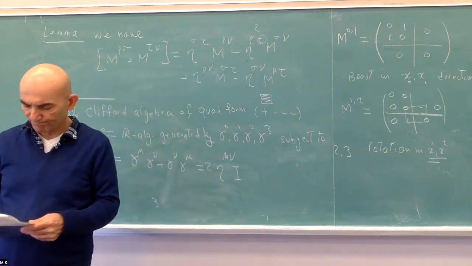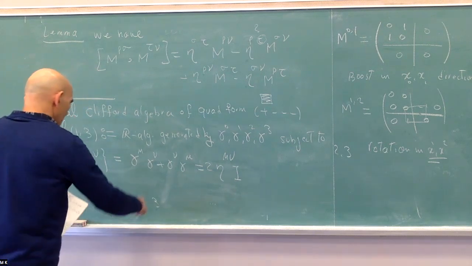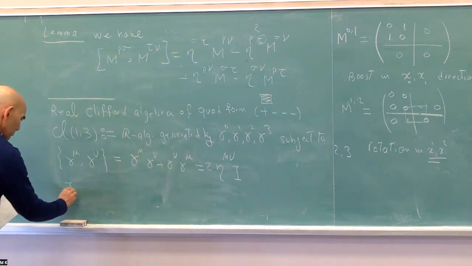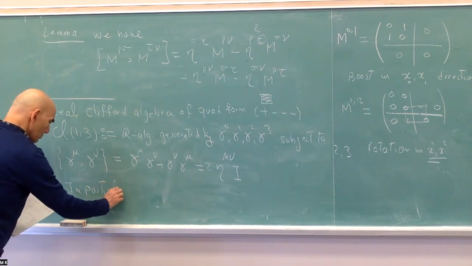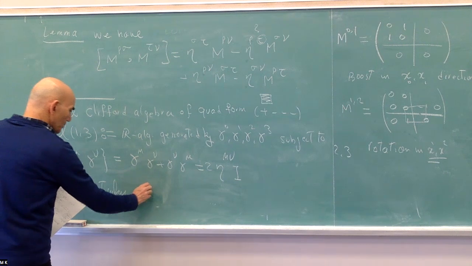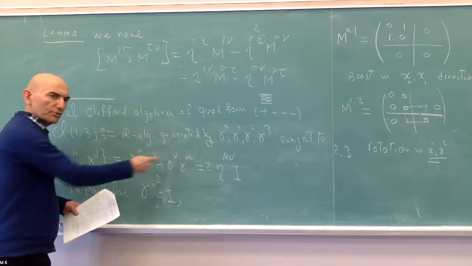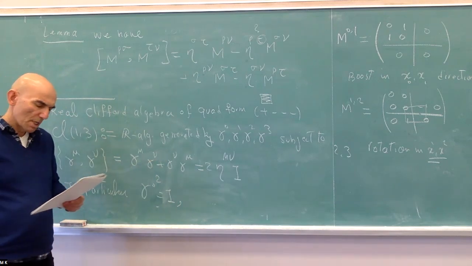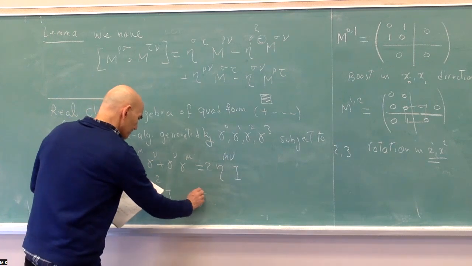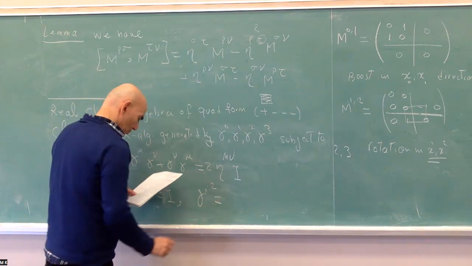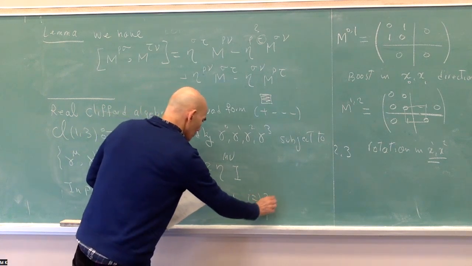In particular, of course, gamma 0 squared is equal to identity from the relation, and gamma i squared is equal to minus 1, for i equal to 1, 2, 3.